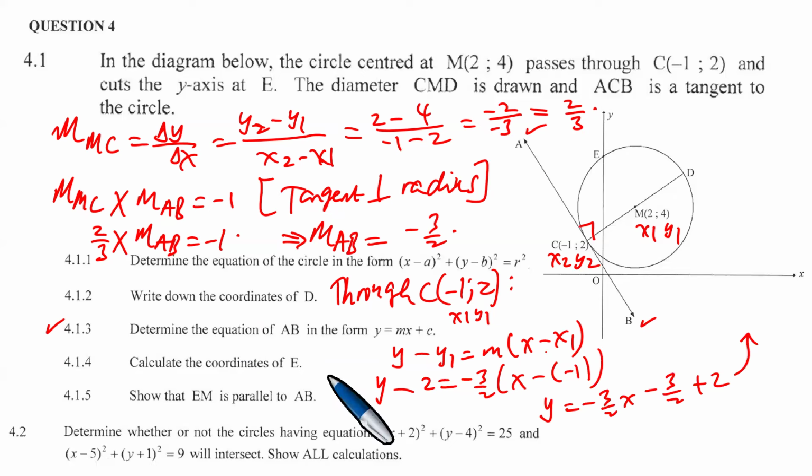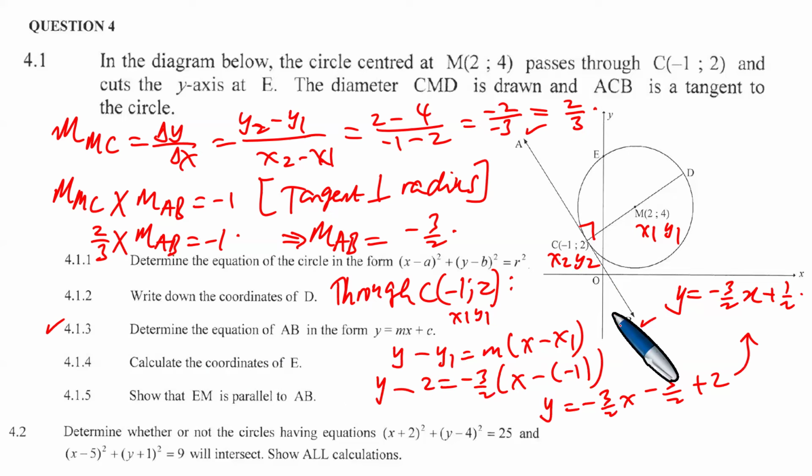We have done a couple of things, but what have we done? We need to just perhaps give a brief summary. The examiner asked us in 4.1.3 to determine the equation of AB in the form y equals mx plus c.